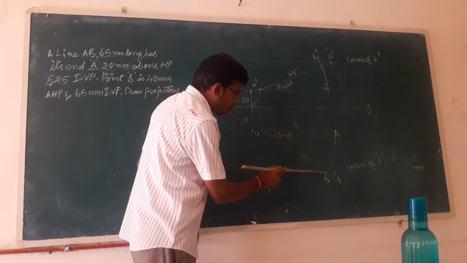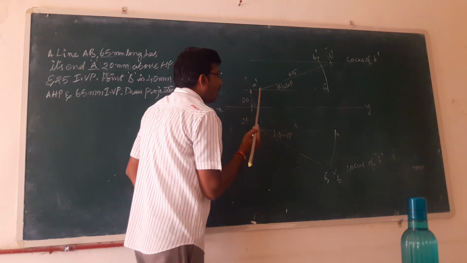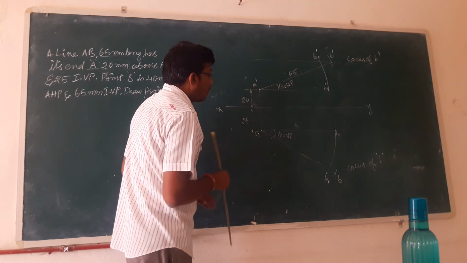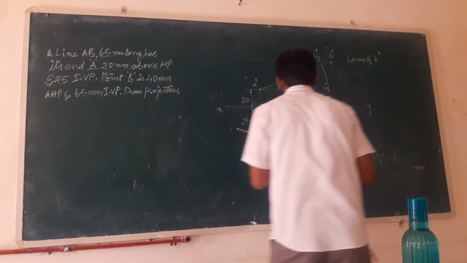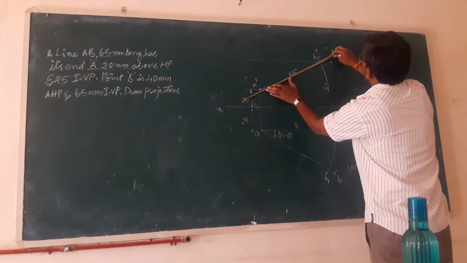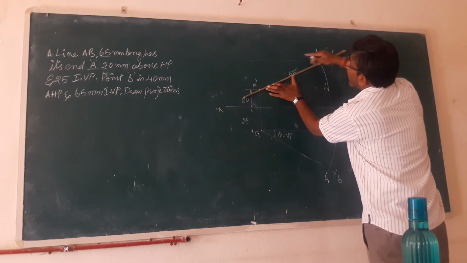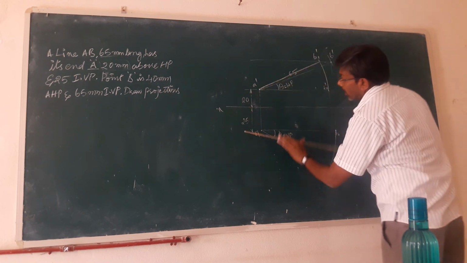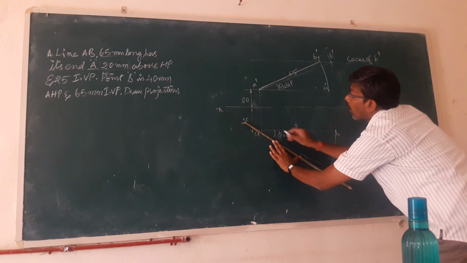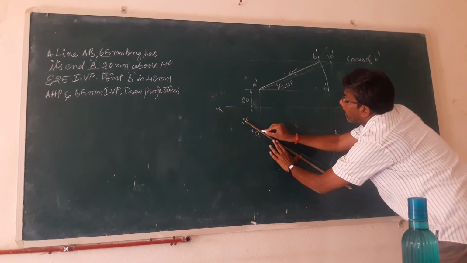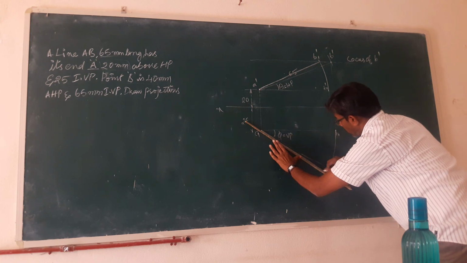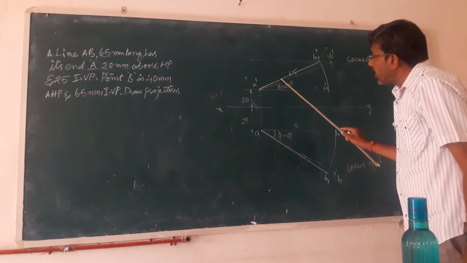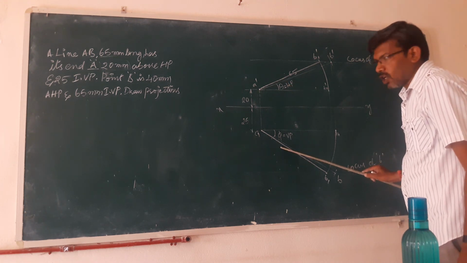After getting B1 and B1 dash, draw a line from A dash to B1 dash and A to B1. So now I will connect it. So this is the final front view and this is the final top view.